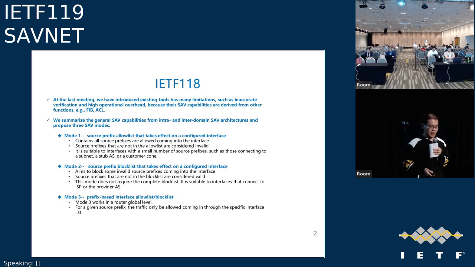Source prefixes that are not in the block list are considered valid. Mode 3 is the prefix-based interface allow list or block list. Mode 3 in a router is a global level mode. For a given source prefix, the traffic is only allowed coming in through the specific interface list.